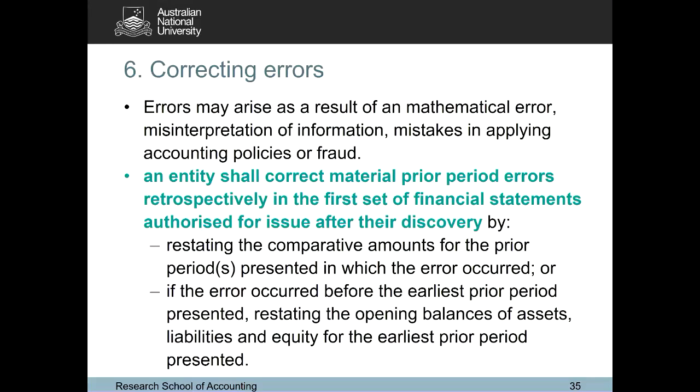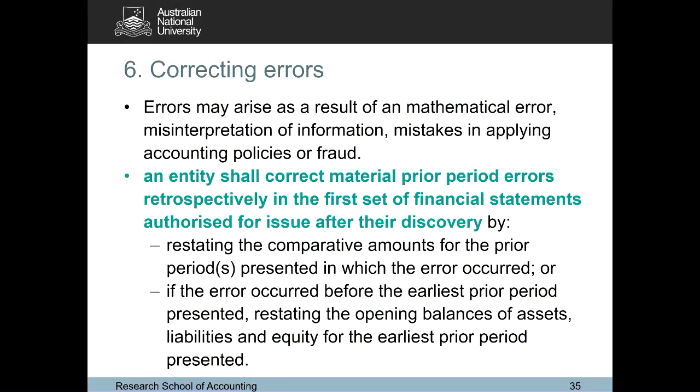Errors. Sometimes we do make errors. How do we correct them? No matter intentionally or unintentionally, we are human beings, we make errors. If we find errors, we do need to correct them. However, if they are really immaterial, we don't care much.